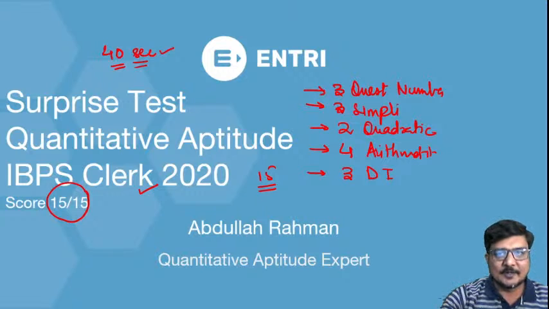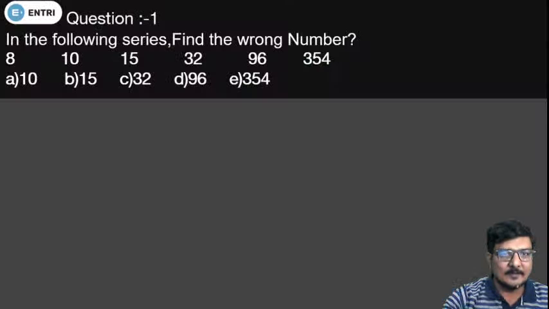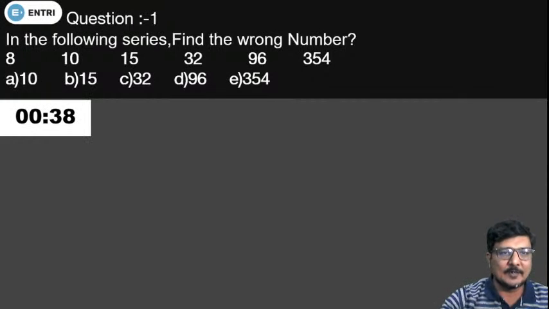The first question for this session is question number 1, and your timer starts now. This question is of number series, and you have to find the wrong number in this particular series. Quickly try to punch your answer.